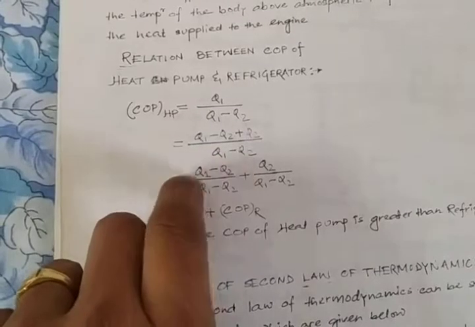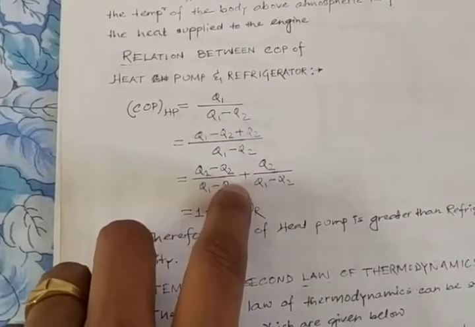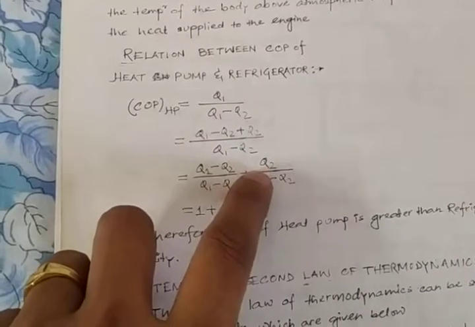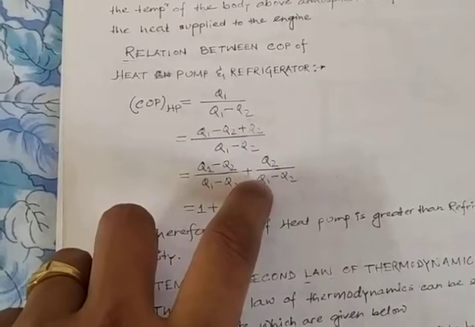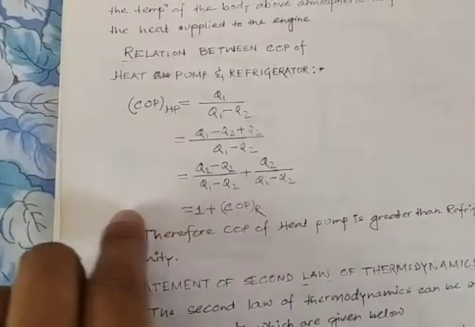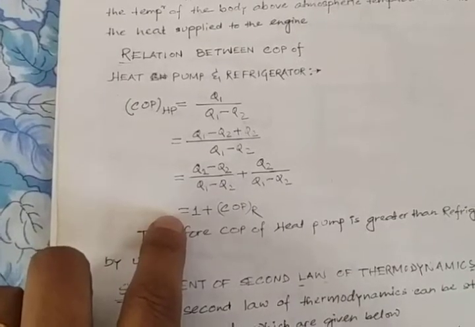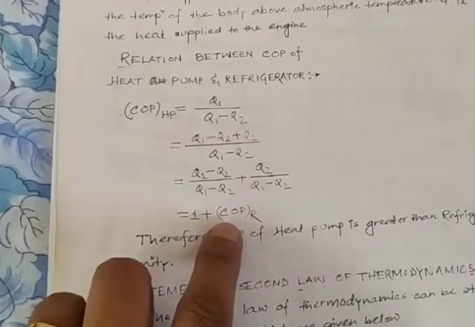You will get this equation: Q1 minus Q2 divided by Q1 minus Q2 becomes 1, and the other term becomes Q2 divided by Q1 minus Q2, which is the COP of a refrigerator. So COP of a heat pump is equal to 1 plus COP of a refrigerator.